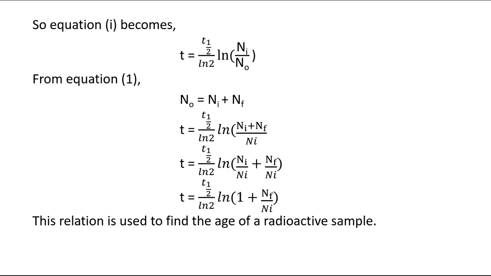Using equation number 1, we can further simplify this to T is equal to T half, the half-life, over natural log of 2, times ln of bracket 1 plus Nf over Ni. This equation will be useful to find out the age of the radioactive sample, also for carbon-based materials.